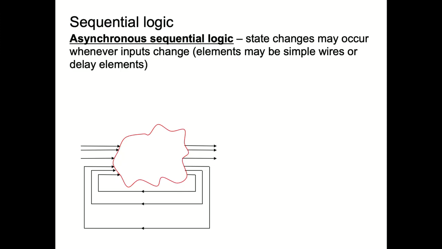And as you've seen in examples, these can oscillate for a while. They might settle, they might not. There are lots of issues that can happen. They might go to different states depending on the delay. And then we get into environmental factors like temperature, which could affect the outcome. Noise. They're very sensitive and very hard to predict.